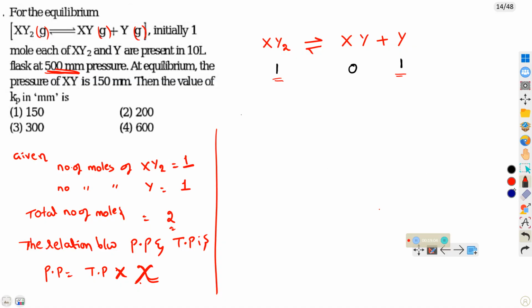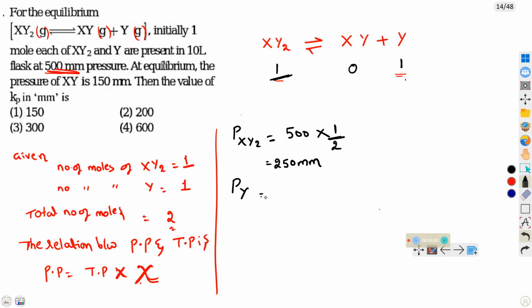Now calculate the initial partial pressure. Initial partial pressure of XY2: total pressure is 500 into mole fraction, number of moles of XY2 by total number of moles 2. That is equal to 250 mm.